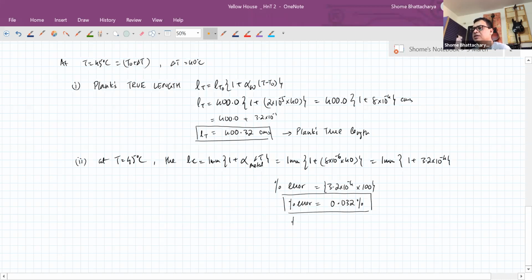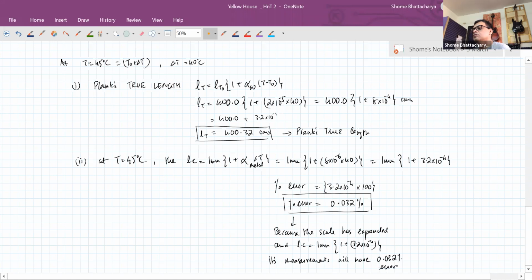Because of the thermal expansion of the metal scale, any measurement using the scale will have a percentage error of 0.032% at 45 degrees.